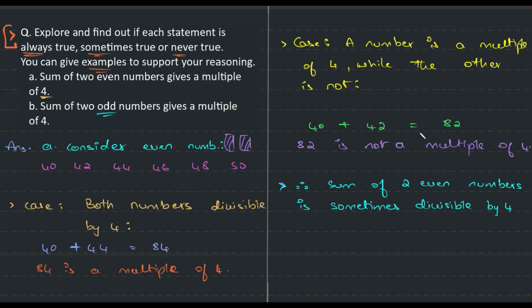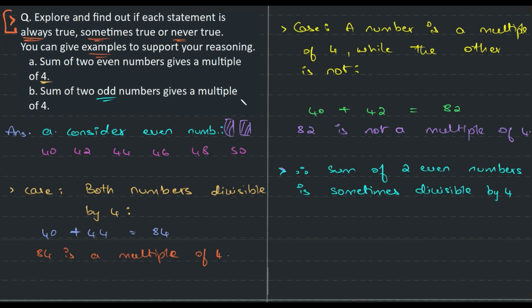Again, here the underlying principle is what? Considering examples. Whenever you get questions, consider examples which are contradicting. Once I took up a set of numbers which were multiples of 4 and another time not multiples of 4, or one is a multiple and another is not. So with this, I got to know that it's not always, it's not never, it has to be sometime.